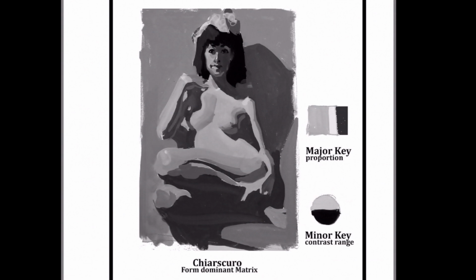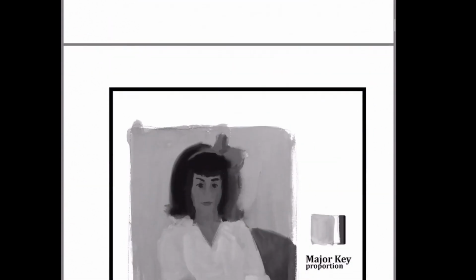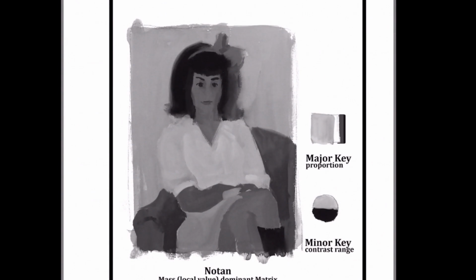And the minor key is the range of contrast. So that's going to be our next thing. This image is more notan dominant. You can see there's less the quality of form in here, and the local values stand out a little bit more. Okay? So again, I'm really separating these two issues, one of local values and one of form.